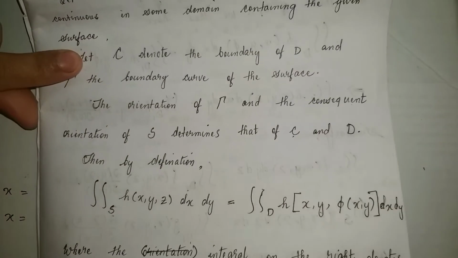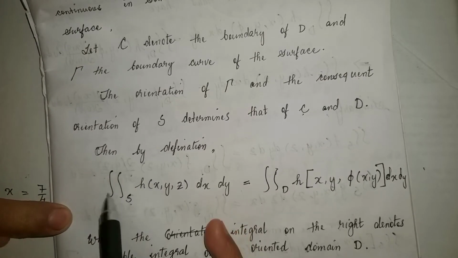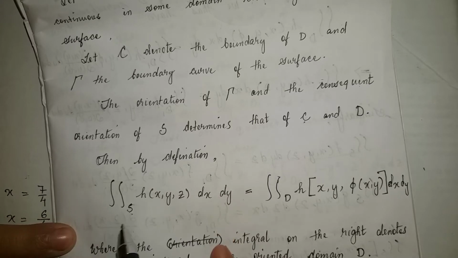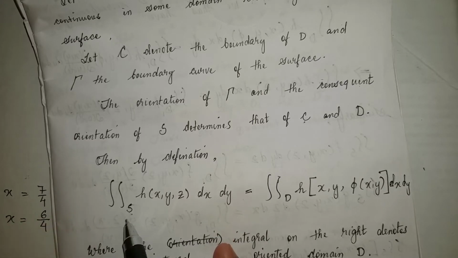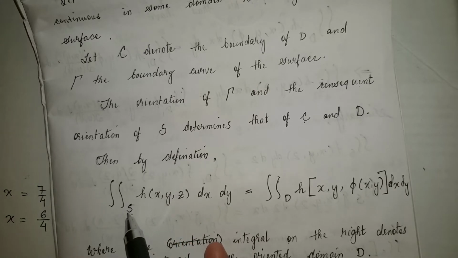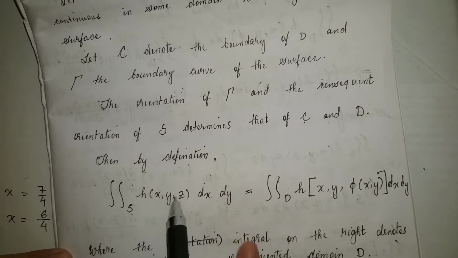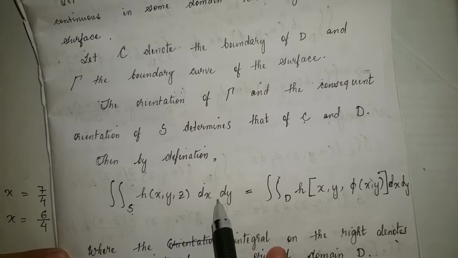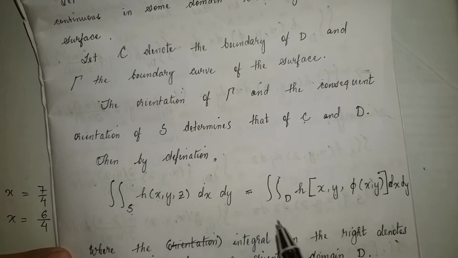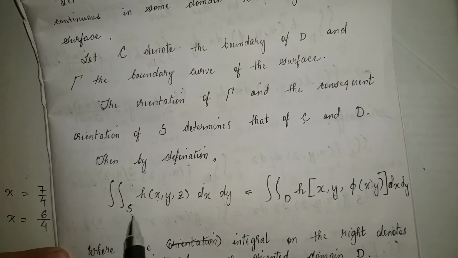Then what do we have? Then the integration over a surface S. In our example, it is a unit sphere. The integration over S of the function h(x, y, z) dS is equal to this one. Okay, what do we do here?